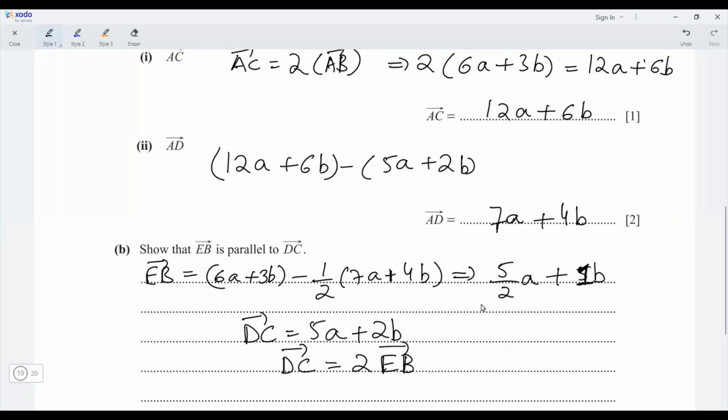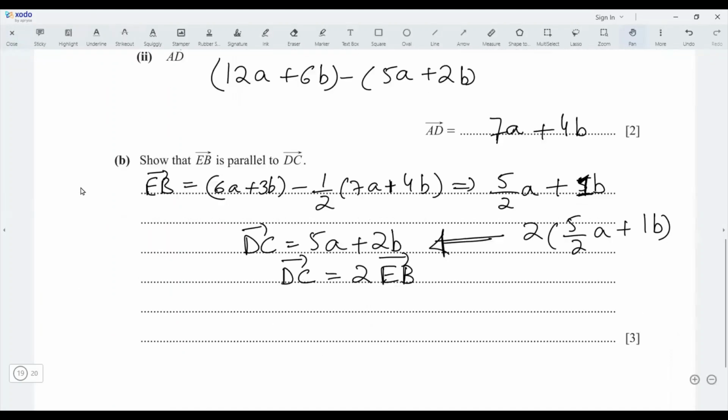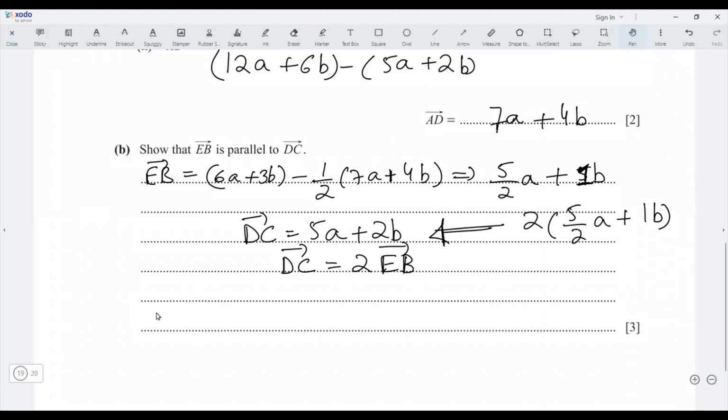Means if we multiply that vector with 2, that results in the vector DC. So these are scalar multiples of each other. So it means that we have proved that these two vectors EB and DC are parallel to each other.